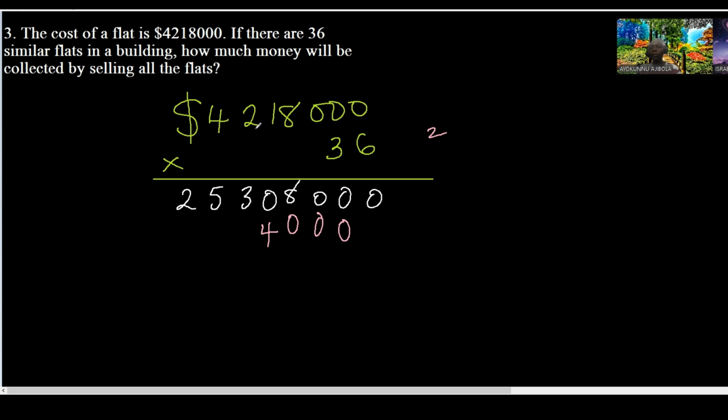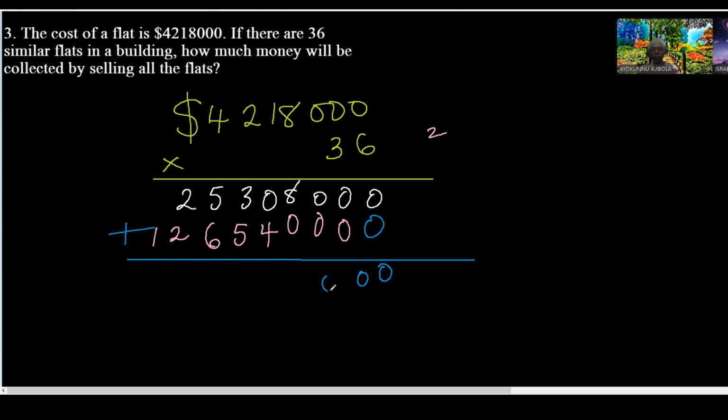Then 3 times 1 is 3 plus 2, that's 5. 3 times 2 is 6. And 3 times 4 is 12. Now I'm going to add up these two layers of multiplication, which means you drop a 0 here. So this is 0, 0, 0, 8, 4, 8, 11. Keep 1, then this is 5, this is 1.